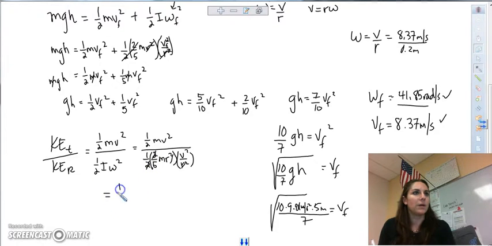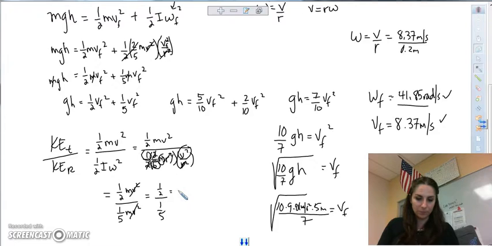So then I get 1/2 mv squared over 1/5 mv squared. These cancel and these cancel, so I get 1/2 divided by 1/5.